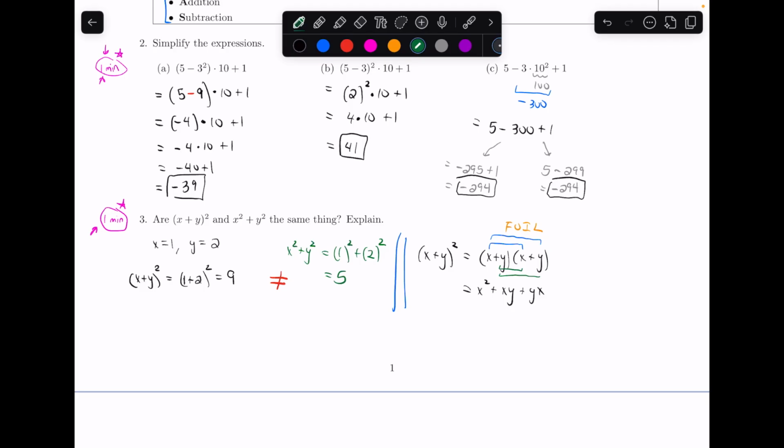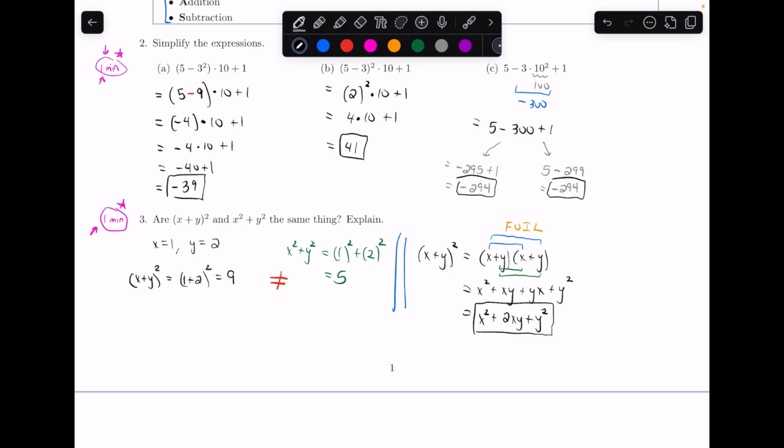Multiply the last terms together, and I get a plus y squared. The two terms in the middle are exactly the same, so I've got like terms. This becomes x squared plus xy plus another xy, which means I have two xy's, plus y squared. And there we have it. That's how we actually work it out if we needed to.